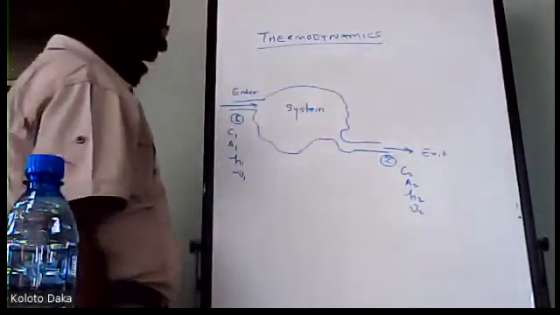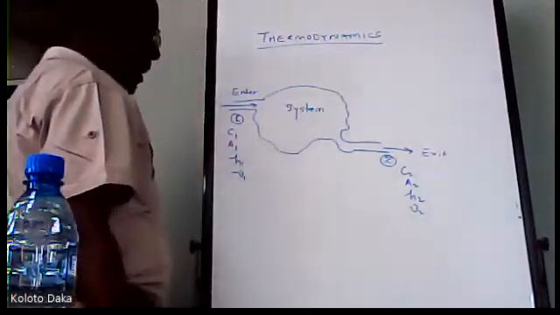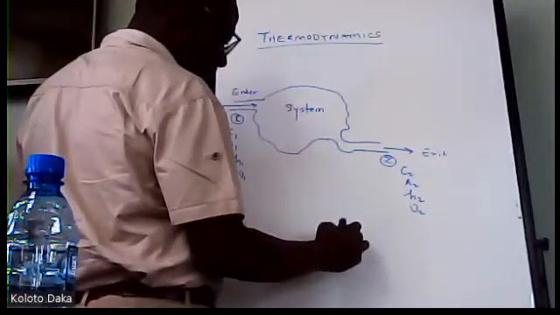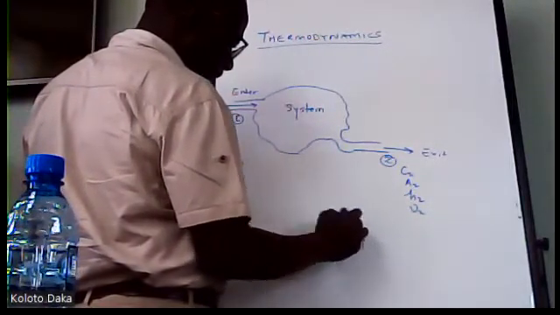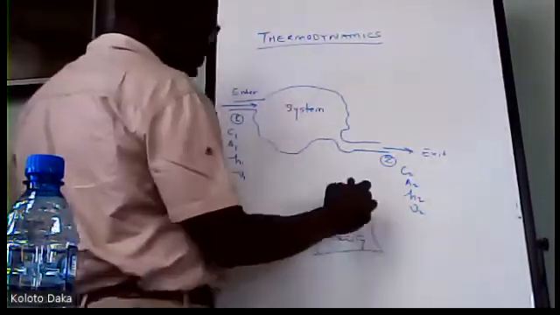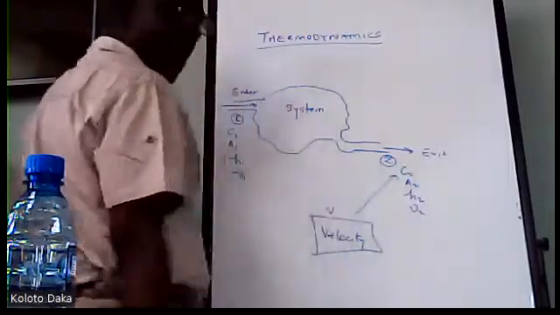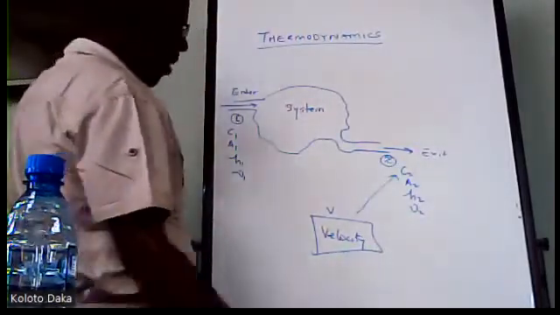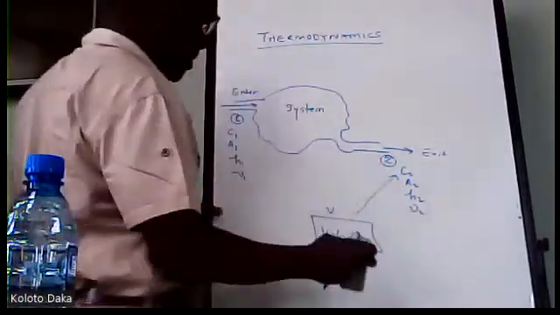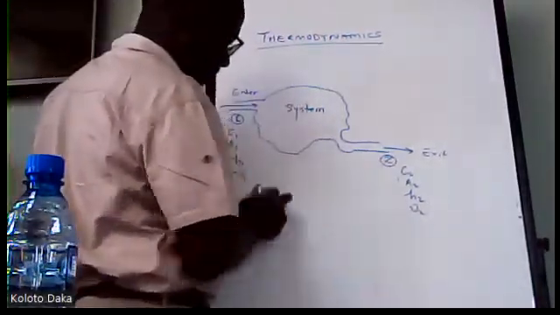So, you need to realize that in engineering science, we were using V for velocity. Here, we use C. Why do we use C? Because V is meant for specific volume. Okay?